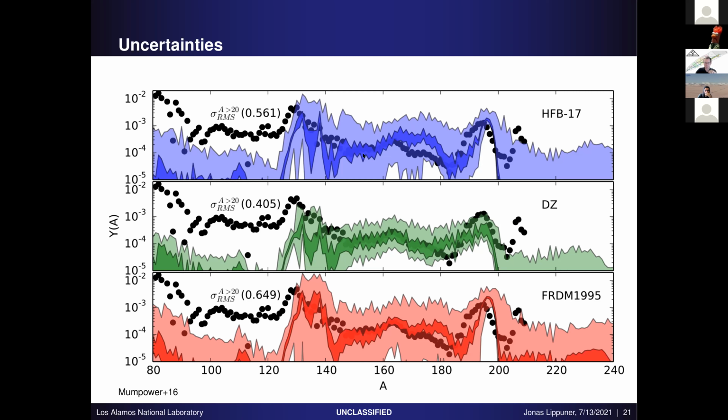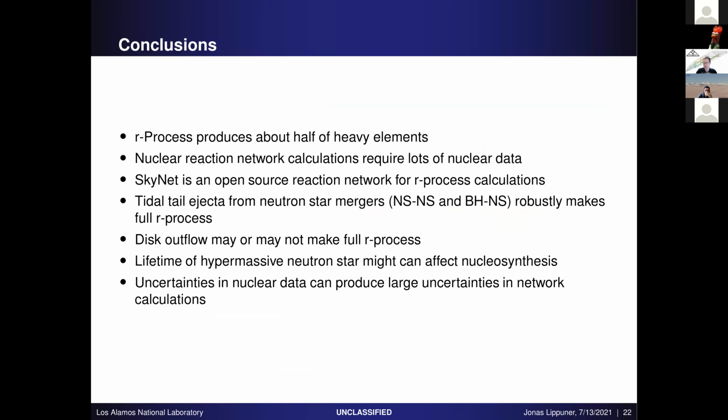This is in different mass models, and there are big uncertainties, like 1, 2, 3 orders of magnitude in the final abundances, even if you just vary the masses pretty slightly. So that's why things like FRIB are really important, because that will help us reduce those uncertainties, but they will still be there. So that's something to keep in mind. Okay, I think I'm just going to leave my conclusions up here and take some questions now. Thank you.